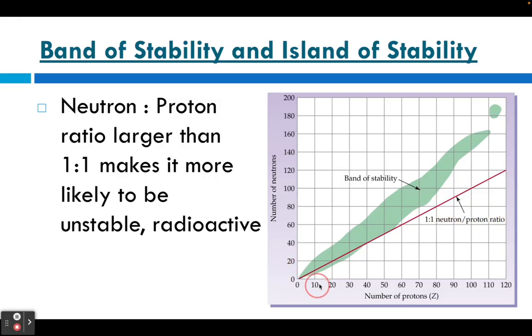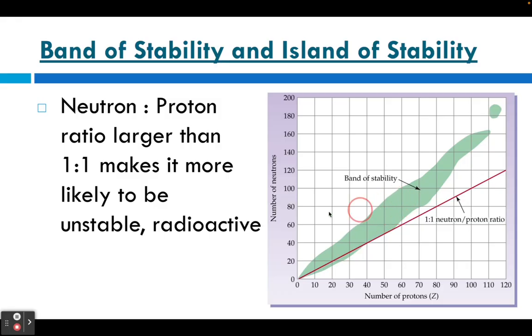On the x-axis is the number of protons in your nucleus, and here you have the number of neutrons. So what do you notice in the band of stability? Here the stable atoms are about 1-to-1. But as you get to larger and larger atoms, notice that the neutron-proton ratio is no longer 1-to-1, right?